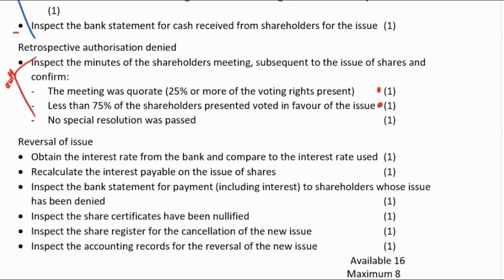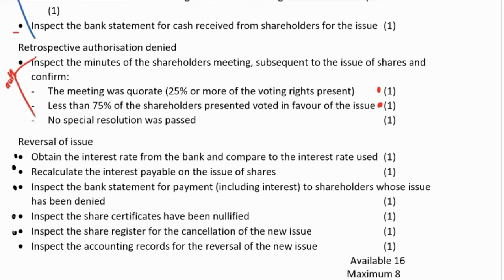And then finally, the reversal of the issue. So you're getting the interest rates, you're recalculating the interest, and you're making sure that the amount goes back to the shareholders, including interest. Share certificates and share register are nullified. So you're going to be inspecting, recalculating, confirming, so testing all the requirements.